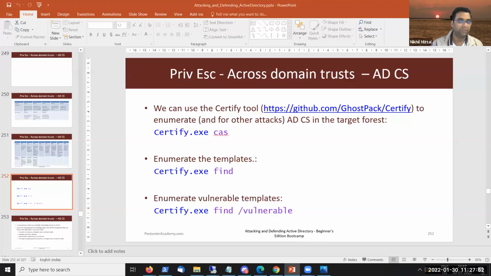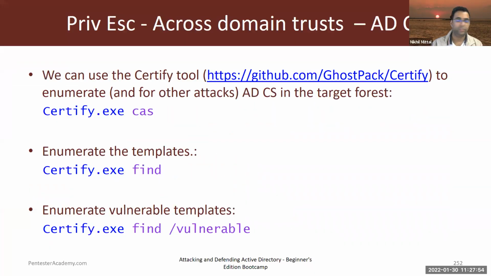Okay, so what are we going to do first? As soon as the DC is back up, first we are going to enumerate the available CAs in the target domain or the target forest. The CAs option allows us to list the CAs. The find option gives us the templates. Then there is an optional /vulnerable.